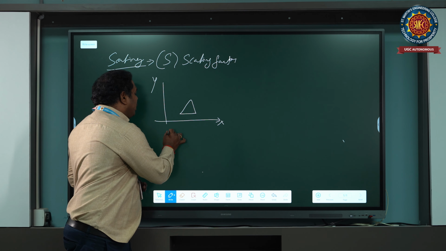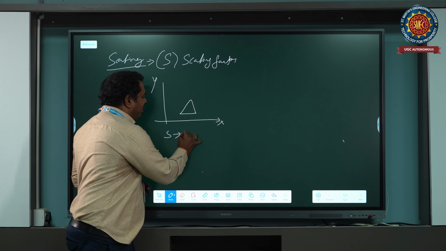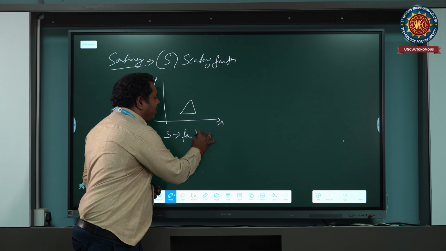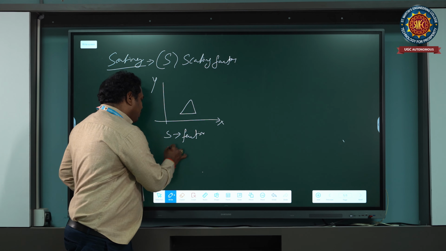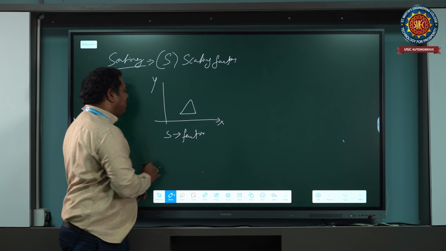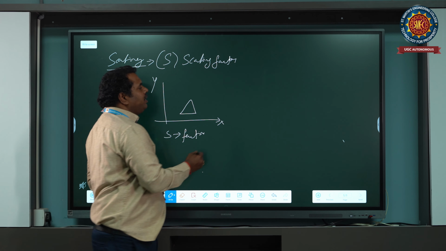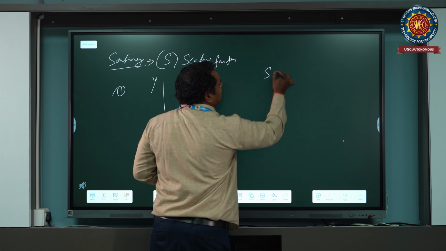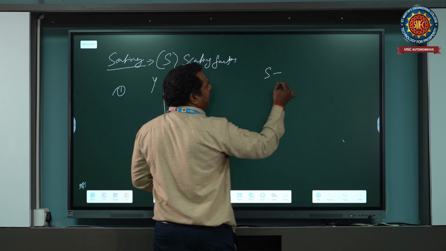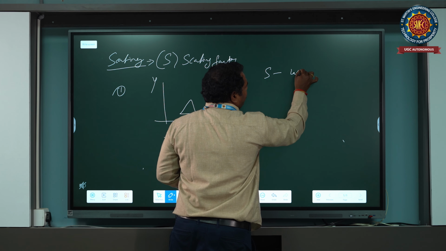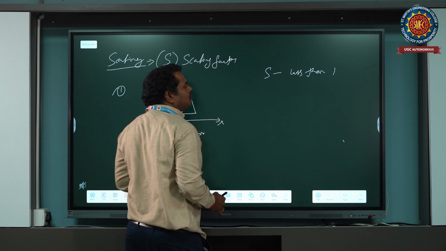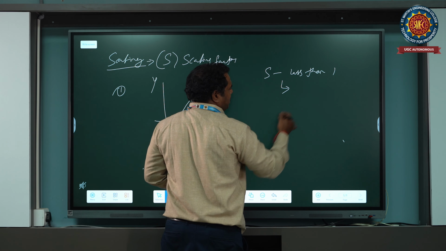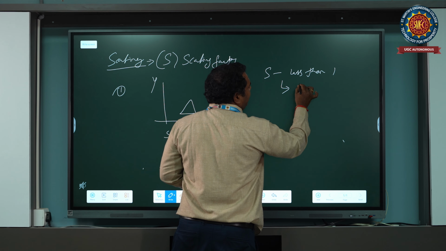Then you need to give a scaling factor value. The scaling factor value depends upon the increase. Here we have the scaling factor S. If the scaling factor S is less than 1, the object is going to be decreased.